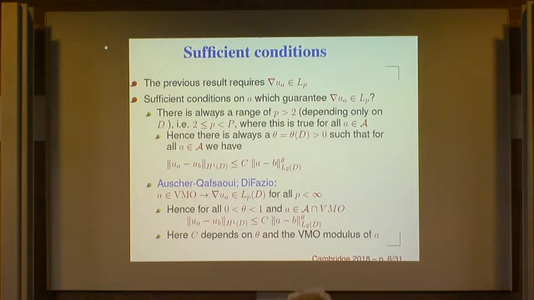BMO is something close to L infinity. In many theorems, for example, the Hilbert transform is bounded from L^p to L^p for p between 1 and infinity, fails when p is equal to infinity, but it holds for BMO. The same thing on the other side is H1, not your H1, but the Hardy space H1, it's bounded on H1.